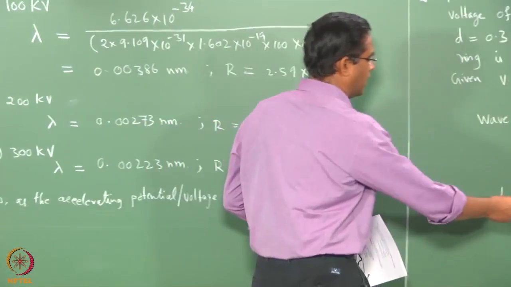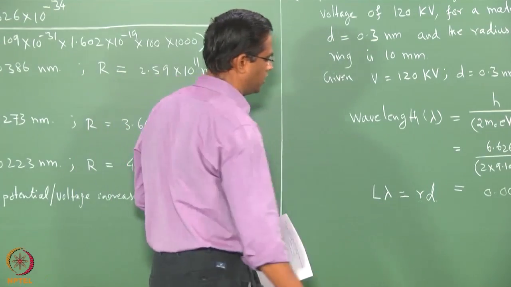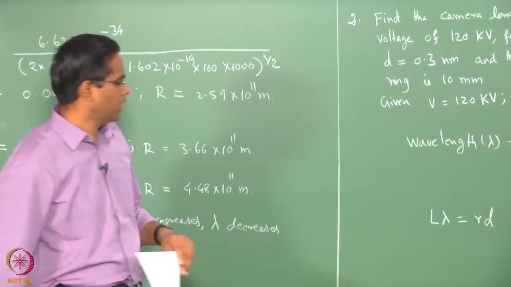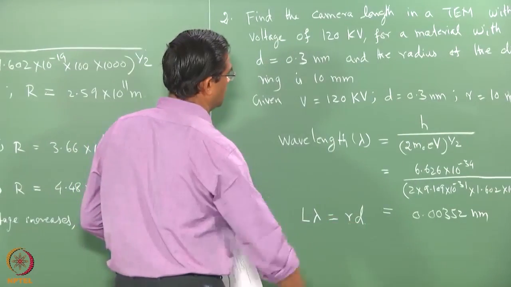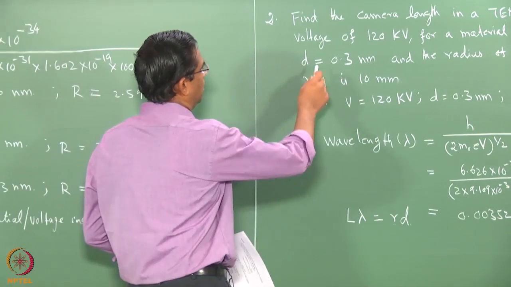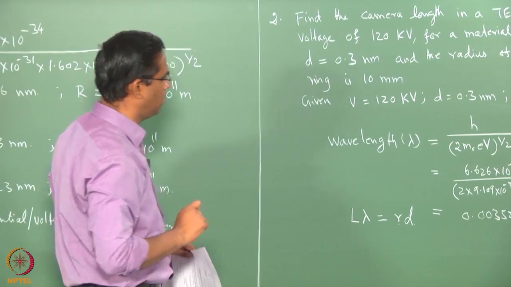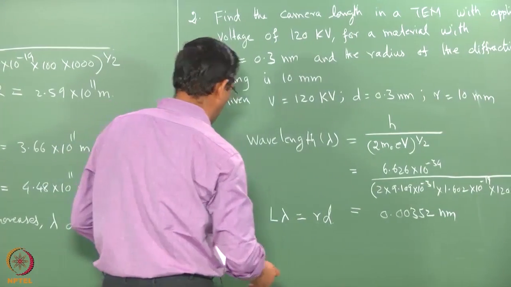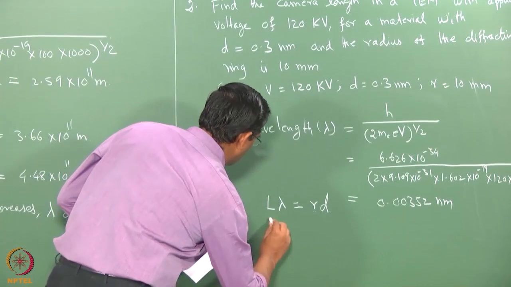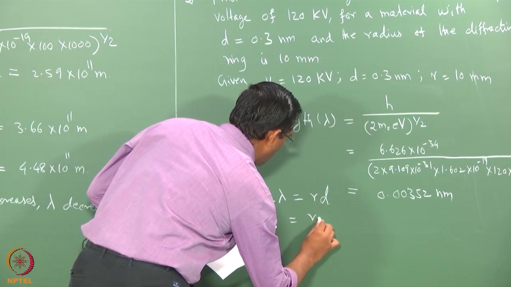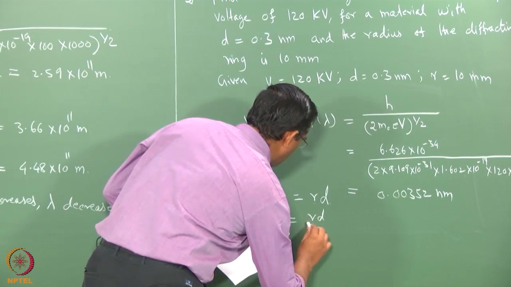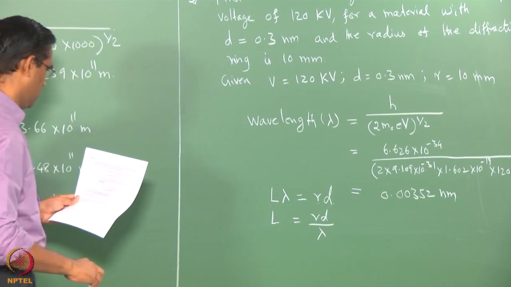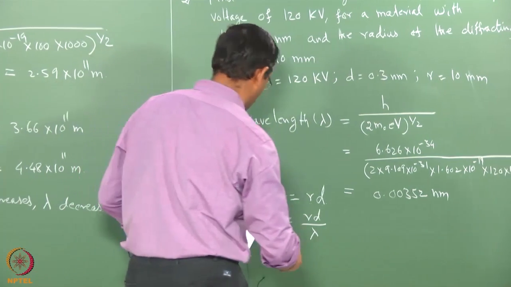In the case of a ring pattern, it is the radius of the ring, or in the case of a single crystal spot pattern, it is the distance between any one of the spots and the transmitted beam, and d is our material interplanar spacing. So, we can find the camera length L is equal to R d by lambda, and then you get this by simple substitution.